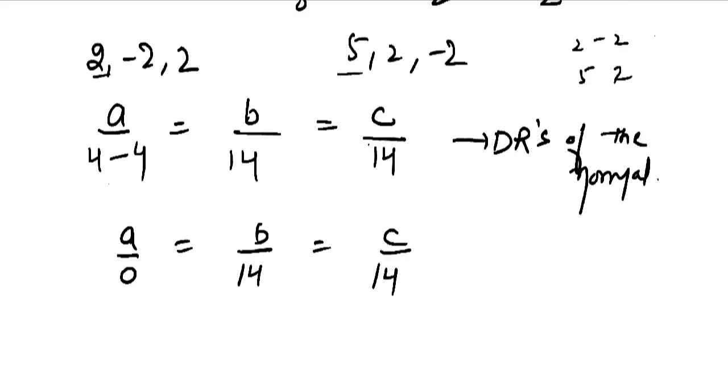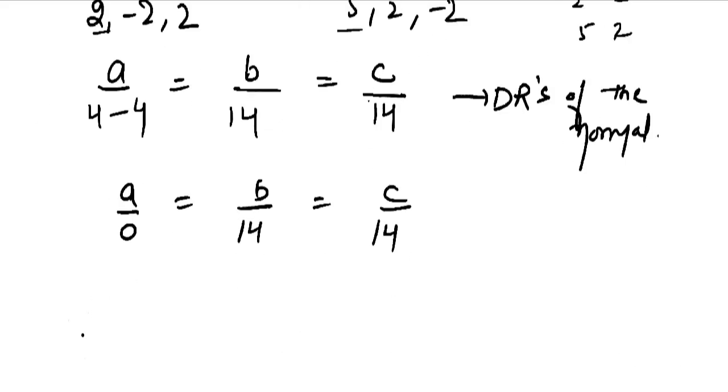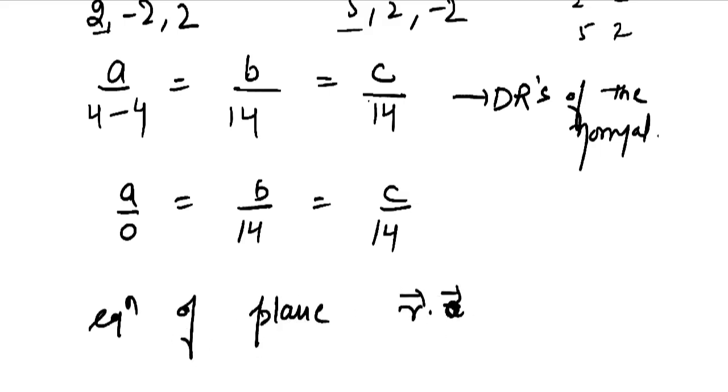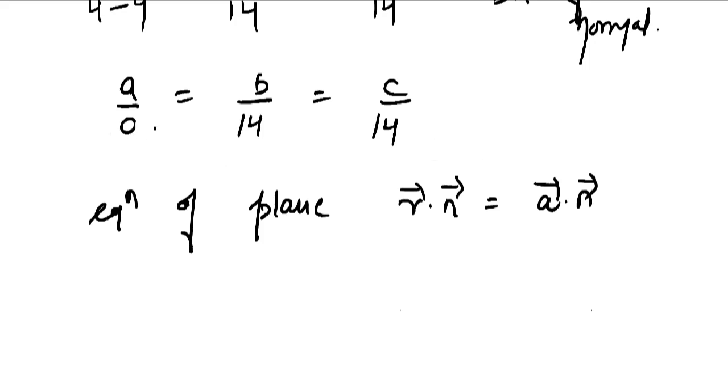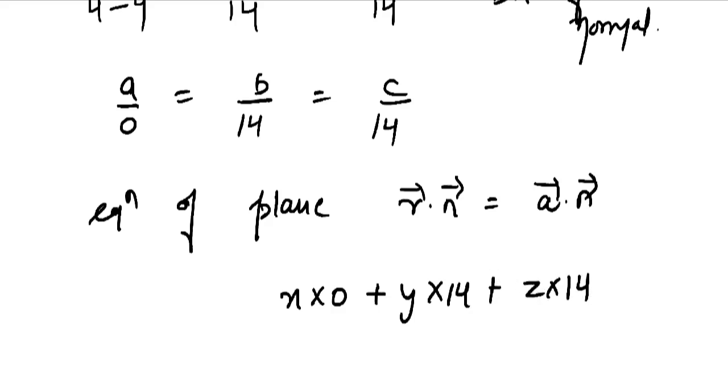So we will have our equation of plane as r dot n is equal to a dot n. Right? Here our normal vector is 0i cap, 14 j cap and 14 k cap, and r is what? x, y, z. So x into 0 plus y into 14 plus z into 14.